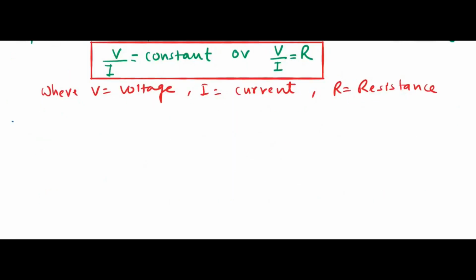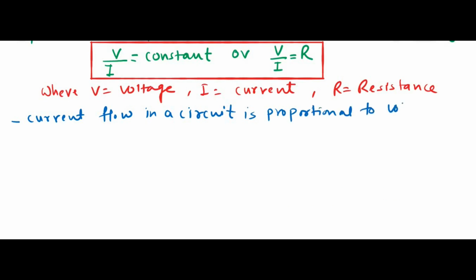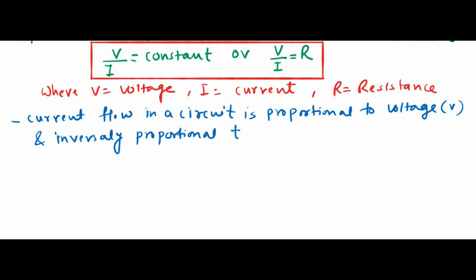We can also say that current flow in a circuit is proportional to voltage V and inversely proportional to the resistance R. So we can write I is equal to V by R.